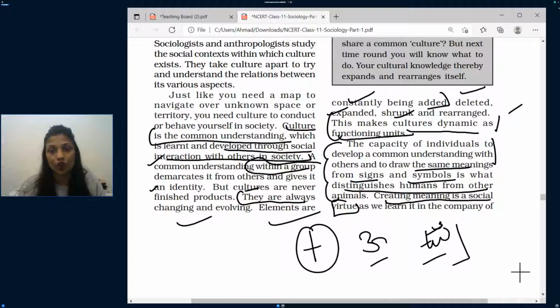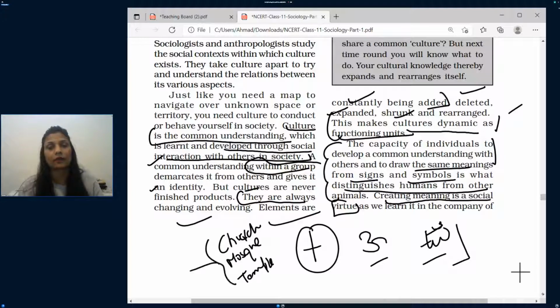Or church, or mosque, or temples, we have created them. And then we have different rituals. Church will have different rituals, mosque has different rituals, temples have rituals.